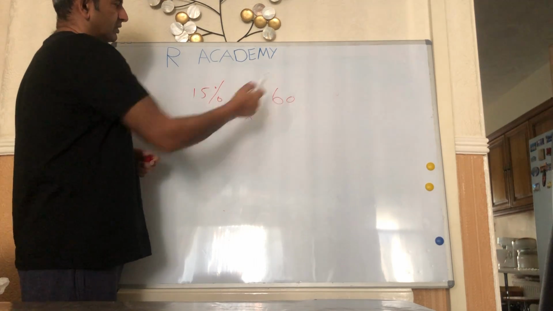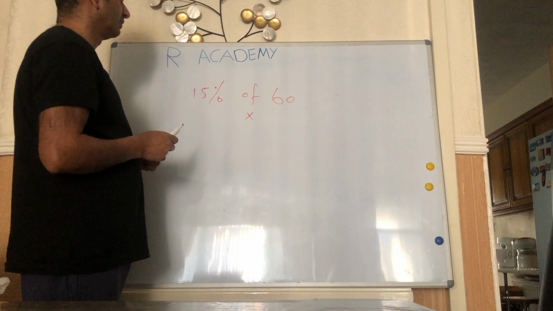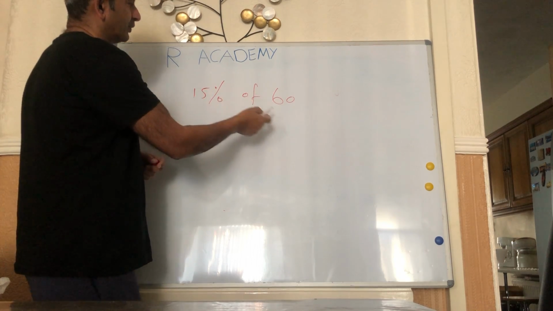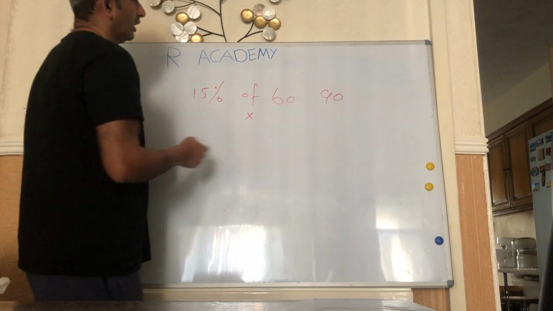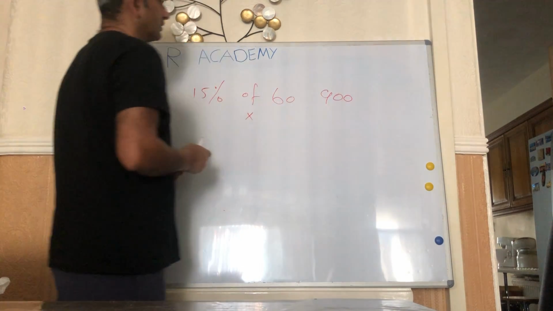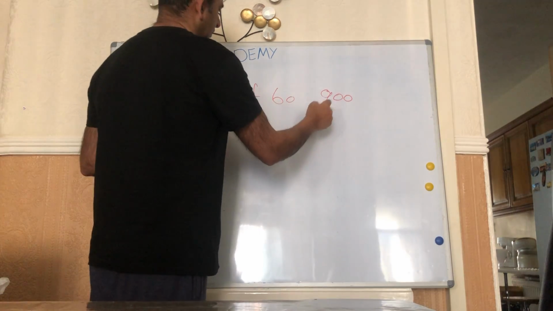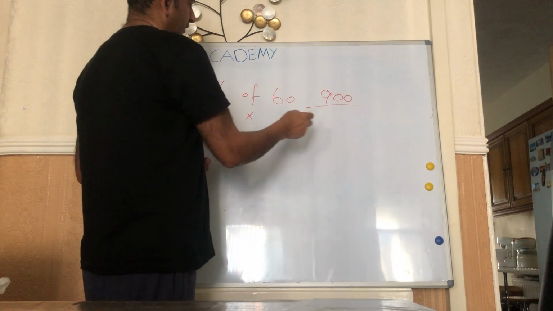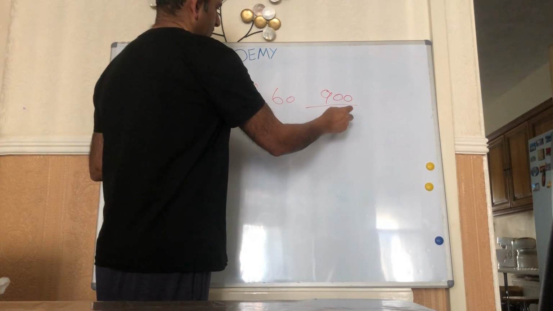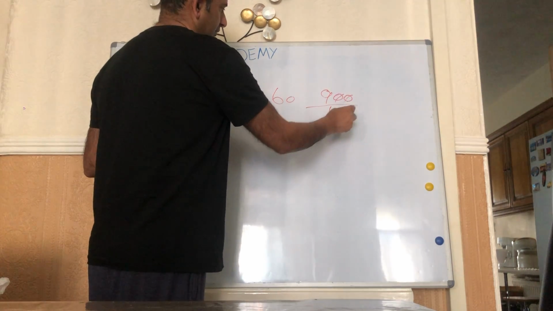So 15 times 60 is going to be a bit awkward. It can be done though. So 6 times 15 is 90, and then add another 0 on the end of it, I'll make it 900. Then divide that by 100 will equal 9.